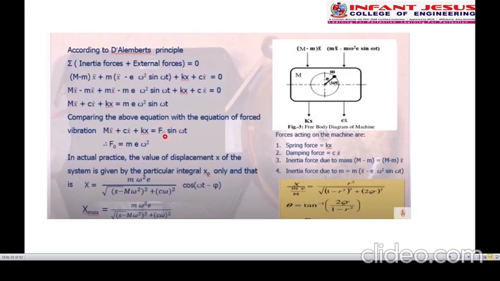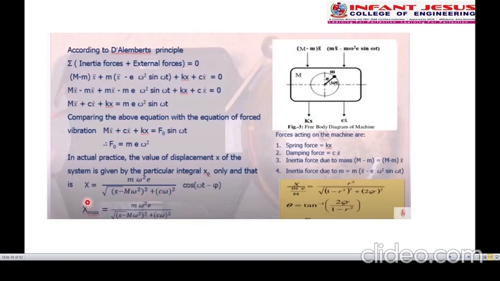This is the final equation we have got from solving the particular integral: x is equal to m omega square e divided by the root of (k minus m omega square) the whole square plus (c omega) the whole square, into cos of (omega t minus phi). When we solve the particular integral, we get this equation.